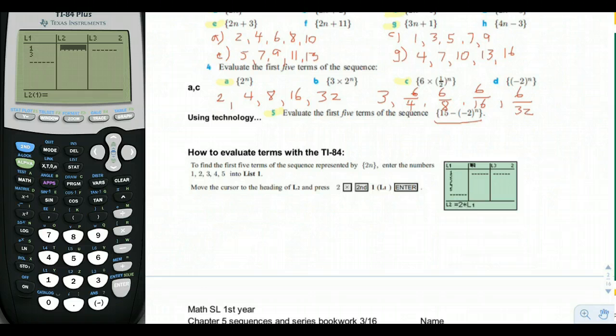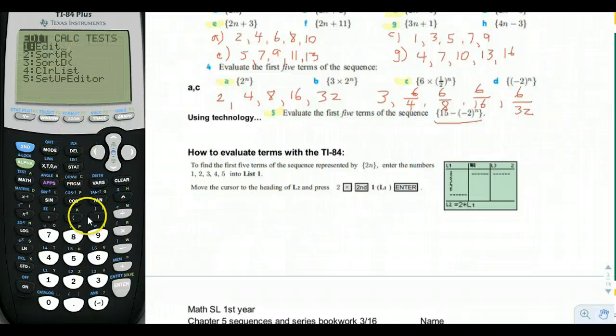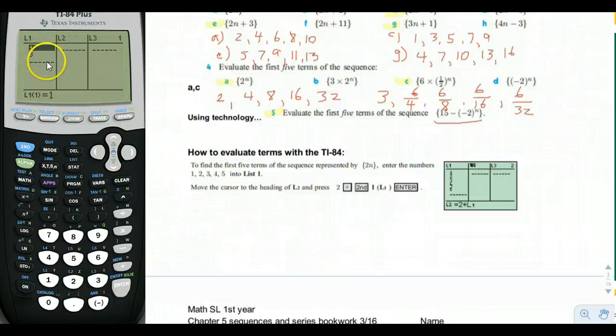Okay, evaluate the first 5 terms of the sequence, 15 minus negative 2 to the nth. And they want you to do this with technology. So how do you do this with technology? Well, first you go to the stat page in the calculator, you stat edit, and then you make a column of numbers which is going to represent your n values. So you're going to have 1, 2, 3, 4, 5. And then in the second column, you're going to enter the formula.